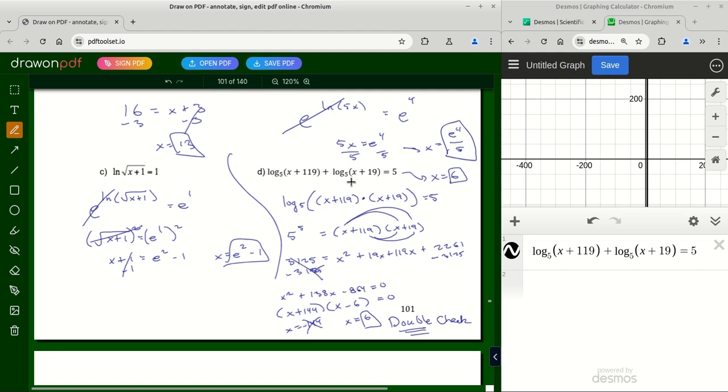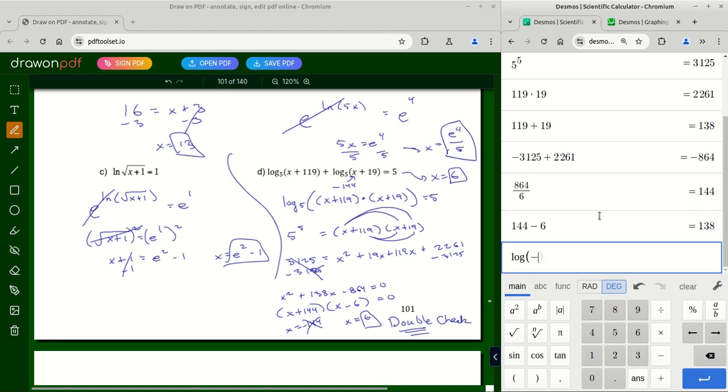And if I put in a negative 144 right there, what I would get is a log of a negative number. And the whole thing blows up. That's why that one doesn't work. But yet, if I put a 6 in there, it's fine. So my bigger point that I'm trying to make is that Desmos got it done a long time ago.